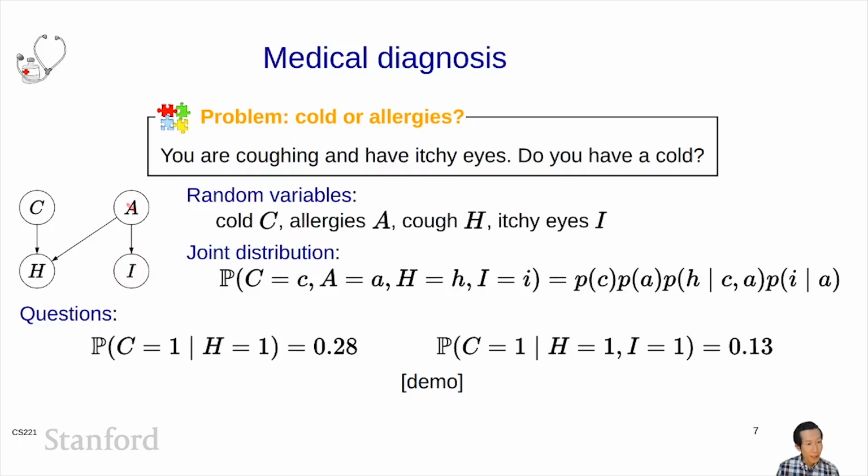So itchy eyes is only connected to A. So that's only going to boost support for A. Even though I don't condition on A, I'm getting more support for A. And now having more support for A, this is an explaining away of the cough. So now A can explain the cough, which lessens the need for the cold. So that's why the probability of cold actually decreases compared to if I didn't have itchy eyes.